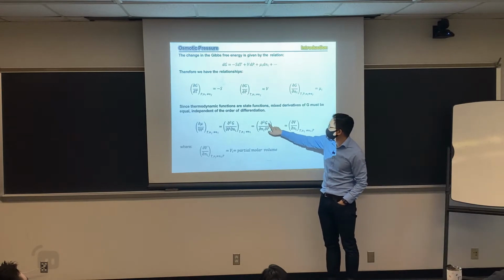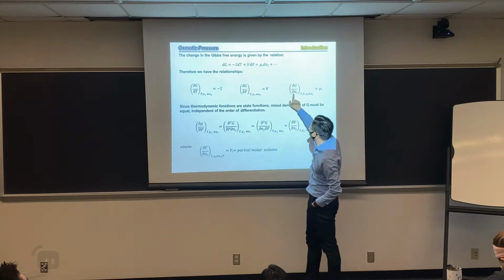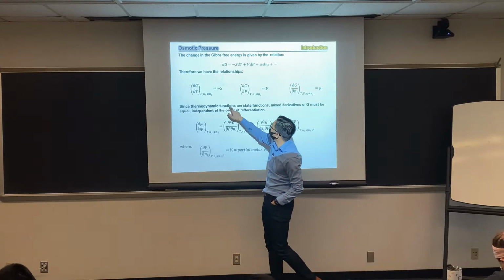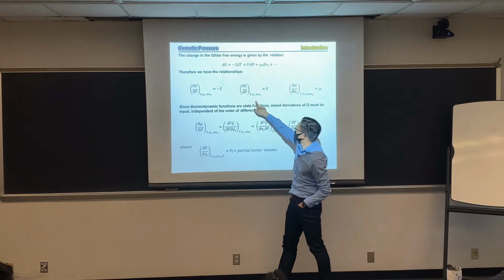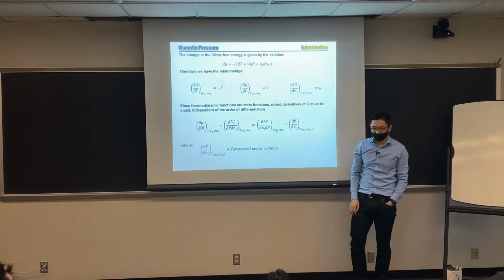And now if we do delta G, delta N first, this delta G, delta N, delta G, delta P will give you volume. Okay, delta G, partial derivative with respect to P. So the right half will give you delta volume.